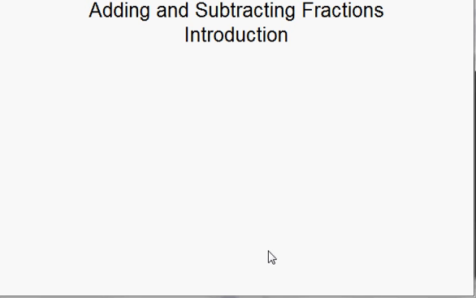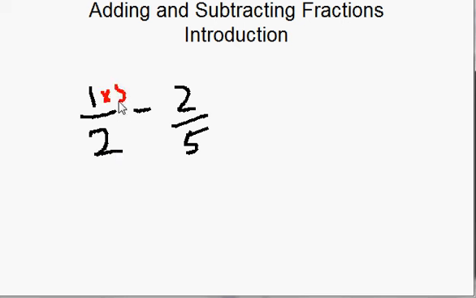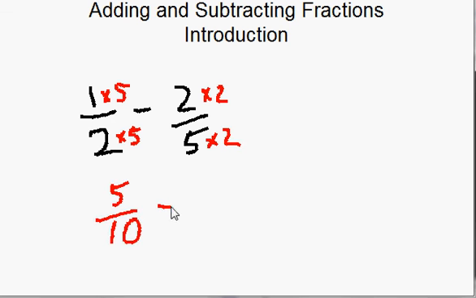All right, let's try another example. About 1/2 minus 2/5. Okay, multiply top and bottom here by 5. Multiply top and bottom here by 2. And I end up with 5/10 minus 4/10, which is 1/10.